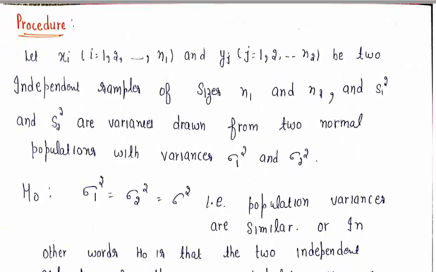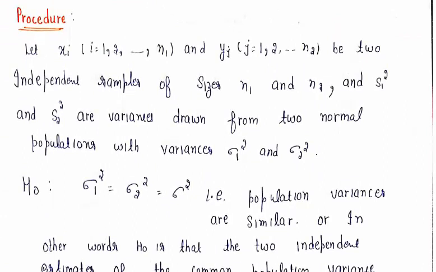Now we discuss the procedure for how we can apply the F test. Let xi, i running from 1 to n1, that means x1, x2, x3, up to xn1, and yj, j running from 1 to n2, that means y1, y2, y3, up to yn2, be two independent samples of size n1 and n2.